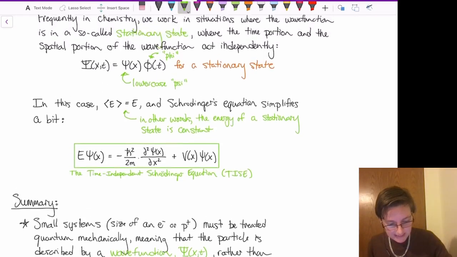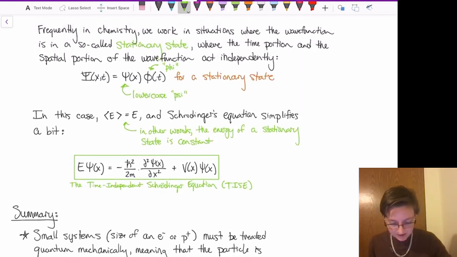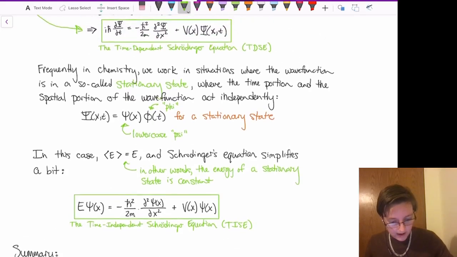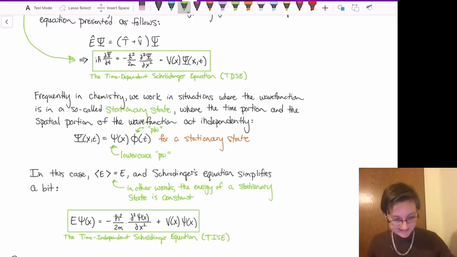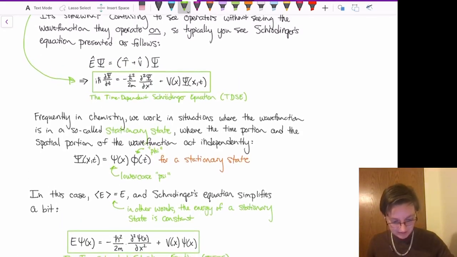And the only sneaky difference is that notationally, we'll start talking about lowercase psi, which only depends on x, rather than uppercase psi, which depends on both x and on t. Now, why would I introduce two of these equations, and which one are we actually going to use in our lecture courses going forward?